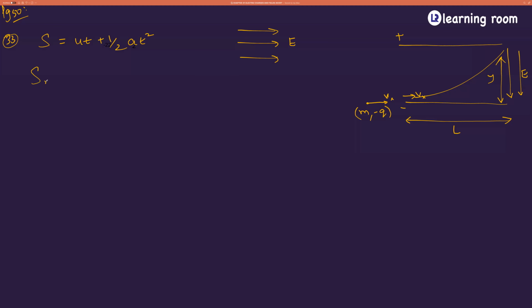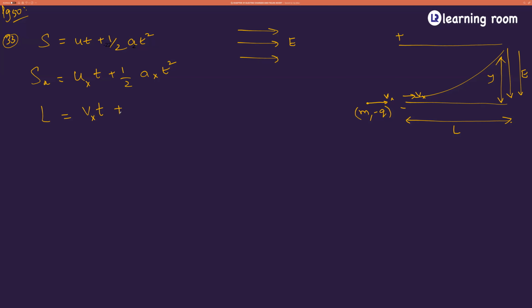So apply this initially along the x direction. Sx is equal to ux into t plus half into ax into t square. What is the displacement that has taken place along the x direction? L is equal to, what is the initial velocity along the x direction? They have given it. Vx into t plus, in this scenario, remember the particle will experience force only in the direction of the electric field or in the direction opposite to the electric field, right?